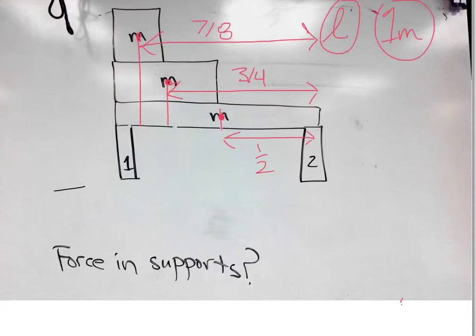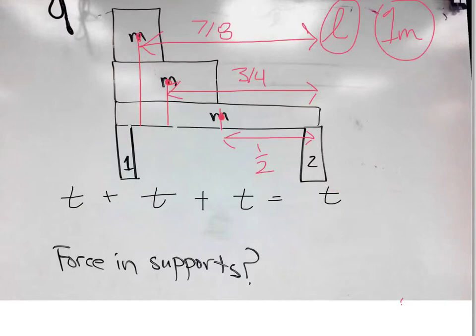So we're basically adding up torques. Torque, I'm going to use lowercase t because that's more common. So torque plus torque plus torque equals torque, where again these three are for these three masses, and this is for the force.